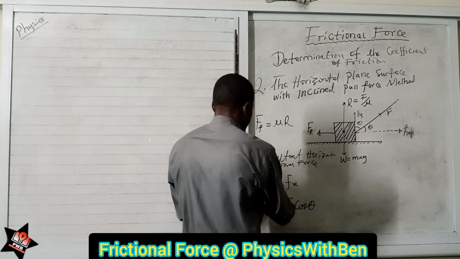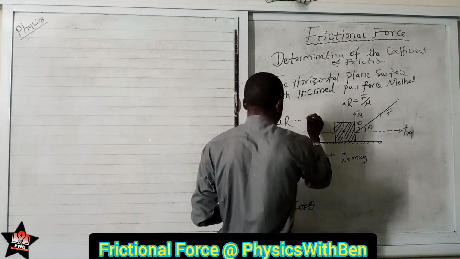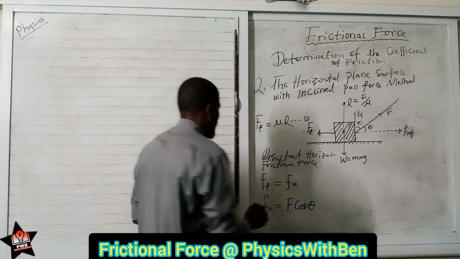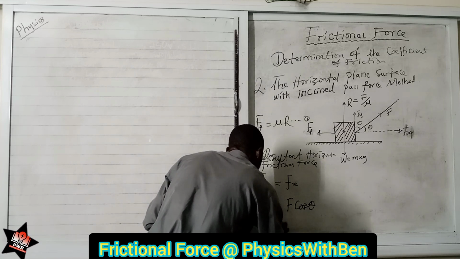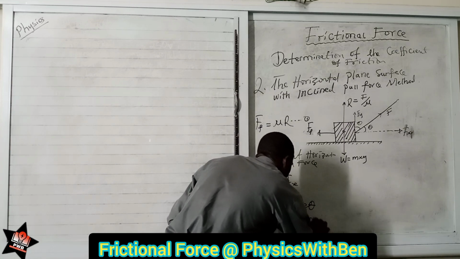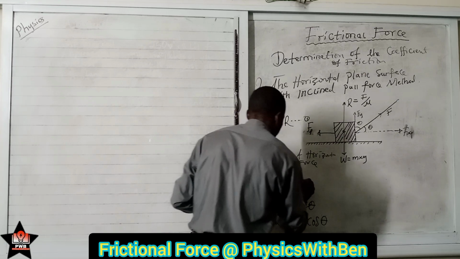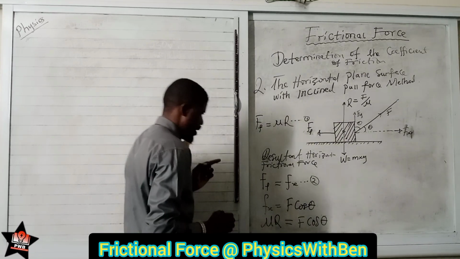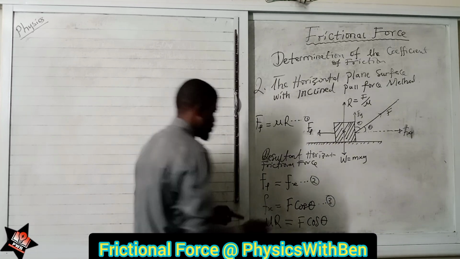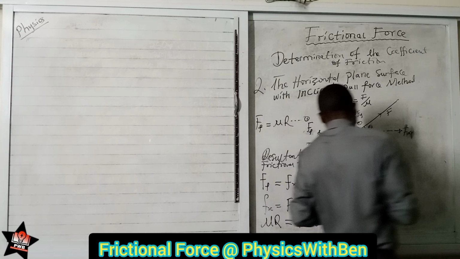So from this equation, this is always our equation number one. We can still establish that mu R is equal to F cos theta. So this is our equation number 2 here, and this is our equation number 3, and this is our equation number 4. Good.